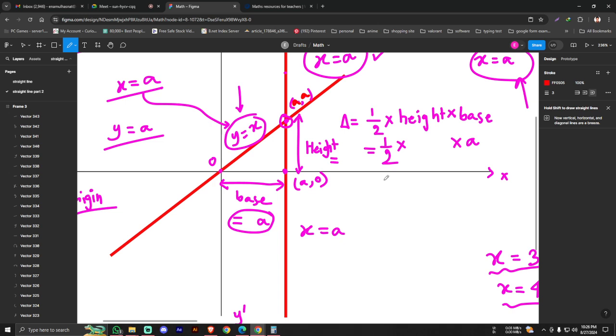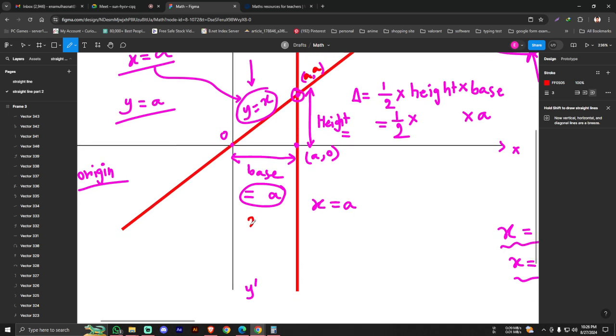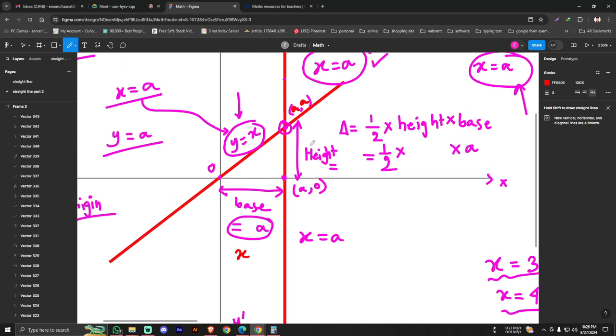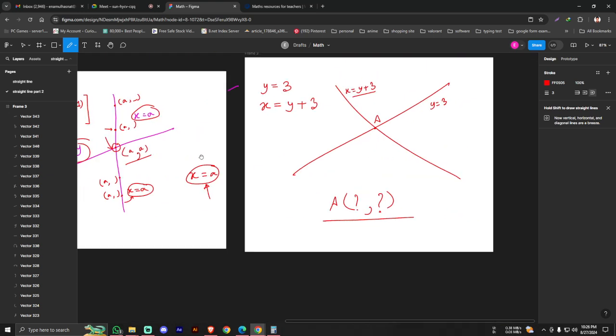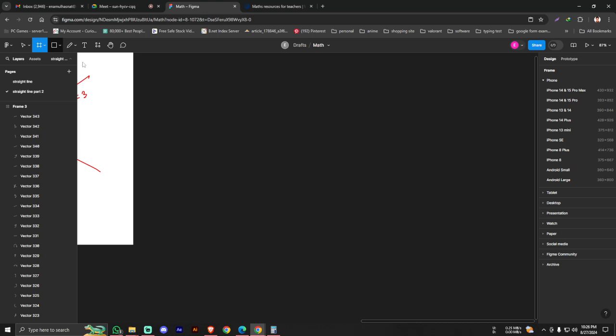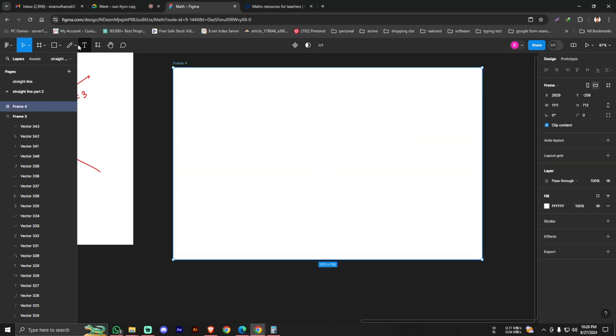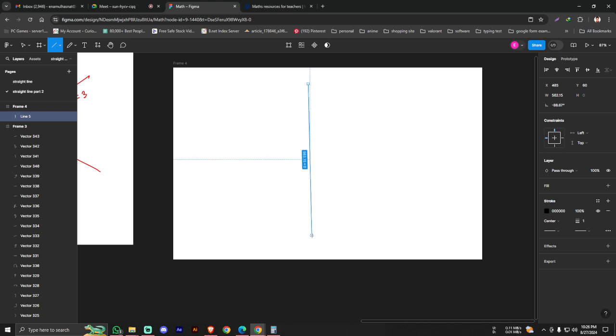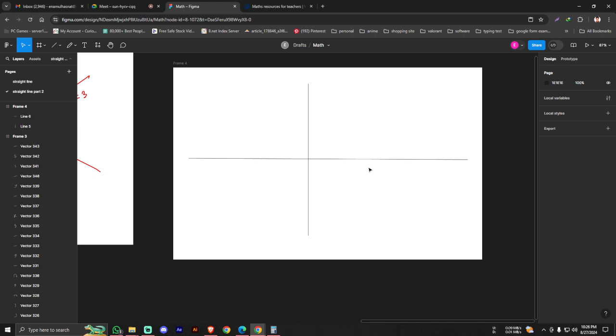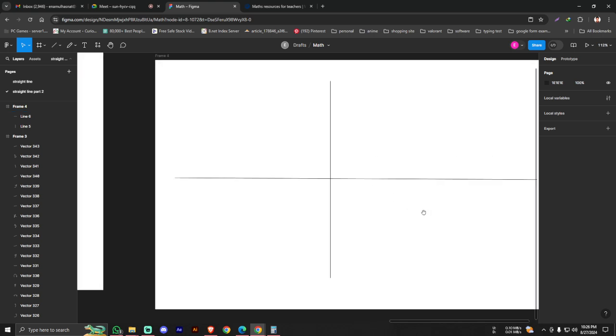Here the base is the information of the x and the height is the information of the y. In a graph, y always represents the height and the base is represented by the x, right?